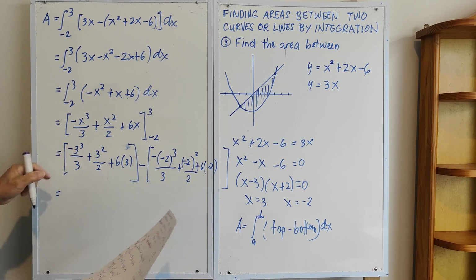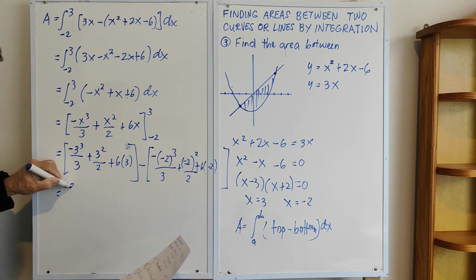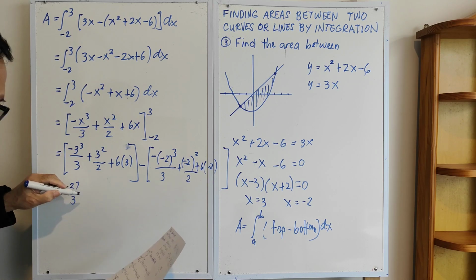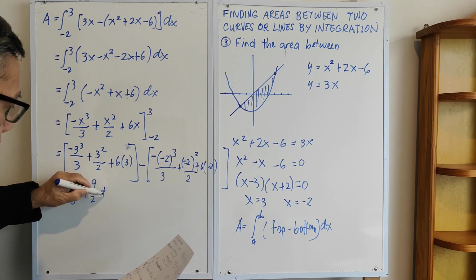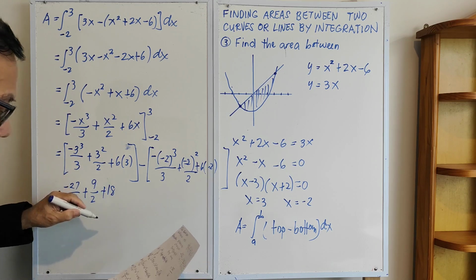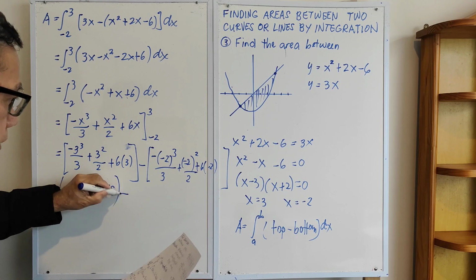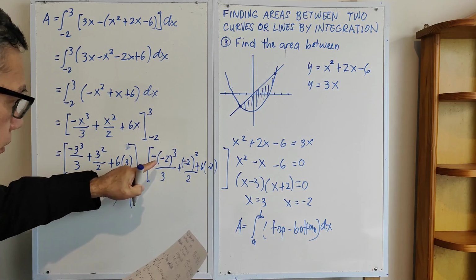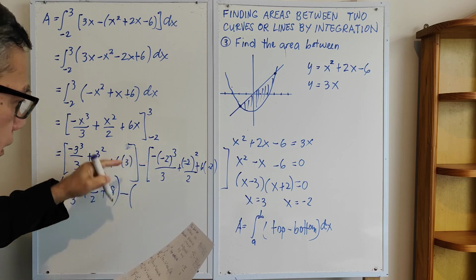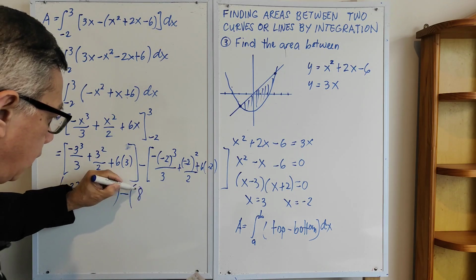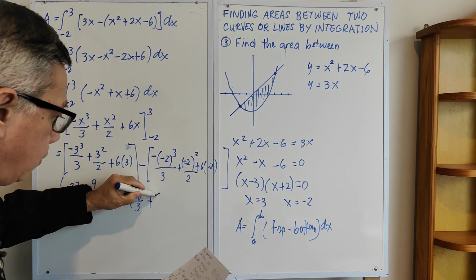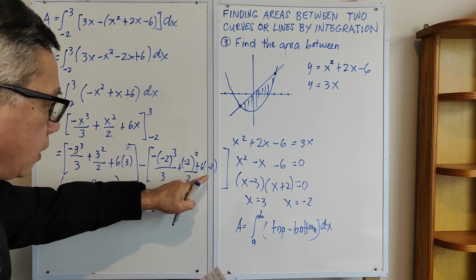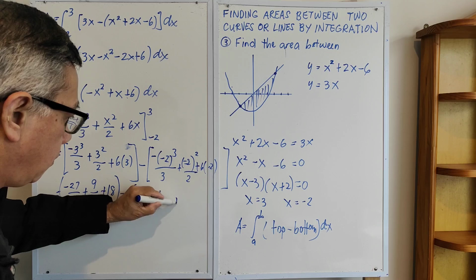So negative 3 cubed will be negative 27 over 3 plus 9 over 2 plus 18, minus, this will be negative 8 times negative, so 8 over 3. This will become 4 over 2. This becomes negative 12.